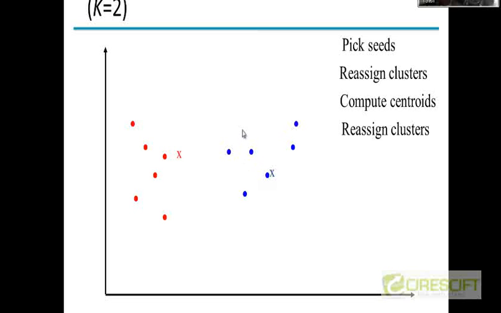Now let me ask you this question. Before we recompute the centroid, that is at this particular snapshot of the picture, what is the value of G? It has 12 terms again. Six of those terms are measuring the distance between these 6 red points and this X. The other 6 terms are measuring the distance between these 6 blue points and this blue X. Now again, where should this blue X be placed in this space so as to minimize the average distance between the 6 points and that X?